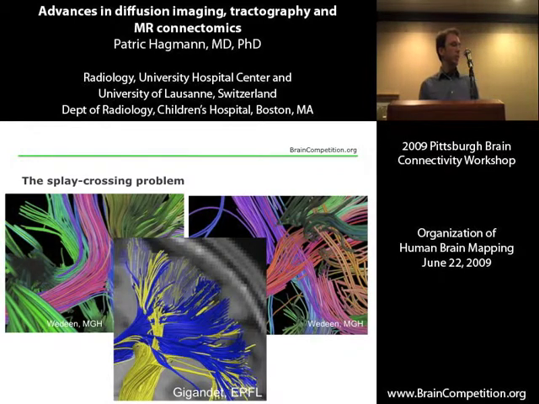Measuring the same region with a high angular resolution technique, in this case diffusion spectrum imaging, and reconstructing the fiber trajectories with streamline fiber tracking, you end up with a solution like that, where you resolve quite nicely the crossing in this area between the corpus callosum and the corticospinal tract. But it's not obvious that this is the right solution, or this, or maybe this might be the right solution.